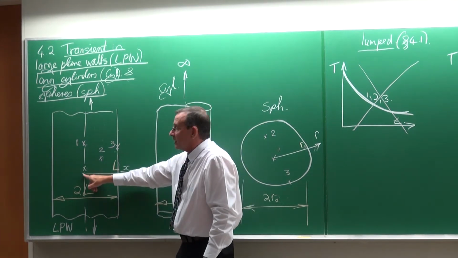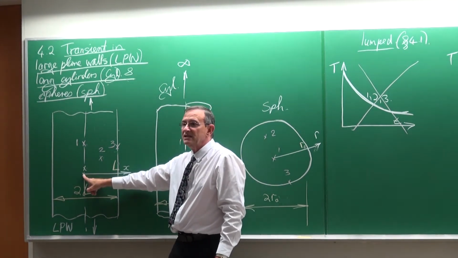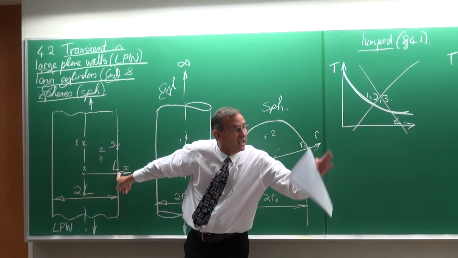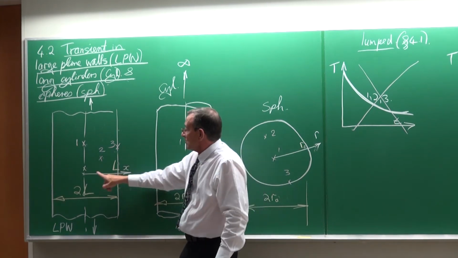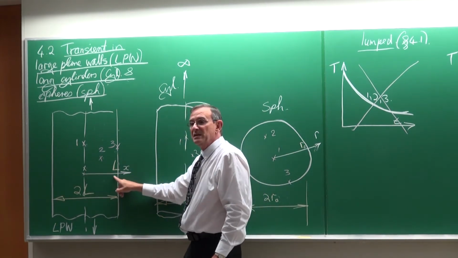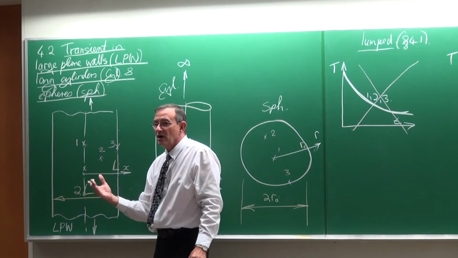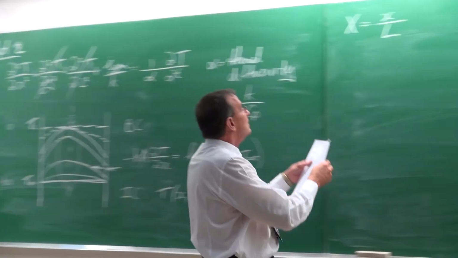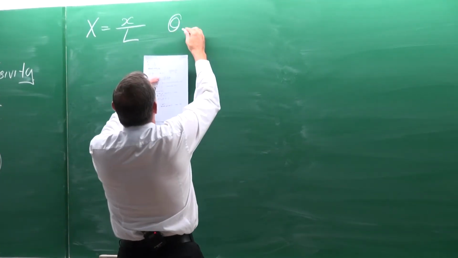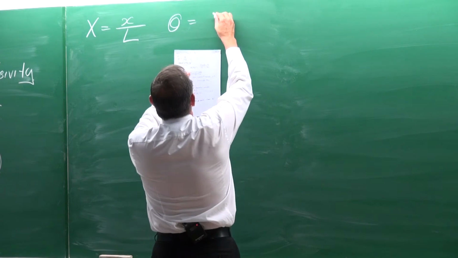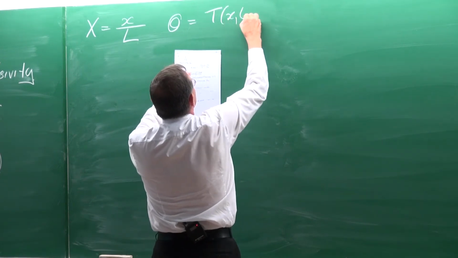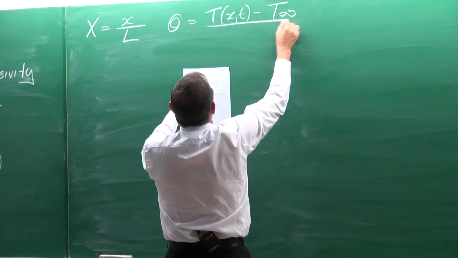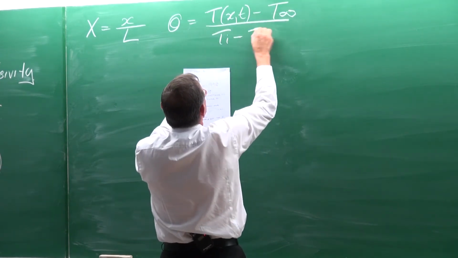So there, capital X would be equal to 0, and there it would be equal to 1, because x is equal to L. So it means that the distance is always non-dimensionalized. It will always be between 0 and 1. Then we also non-dimensionalize the temperature, which is equal to the temperature, which is a function of x and t, minus T infinity divided by Ti minus T infinity.